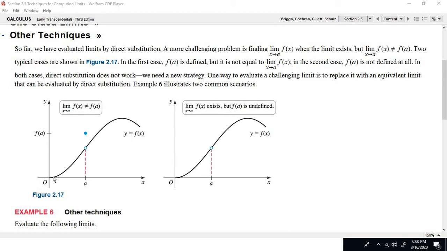Same thing if you approach from the left side. So the limit of f of x as x approaches a is not f of a. It's this y value down here, which is not f of a. f evaluated at a is at this y value.